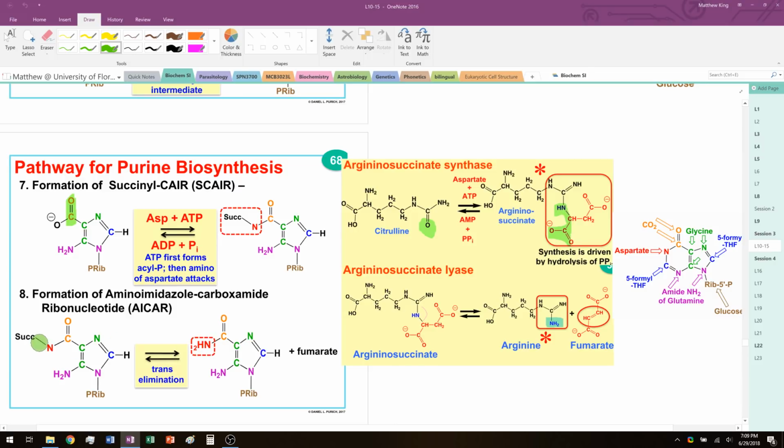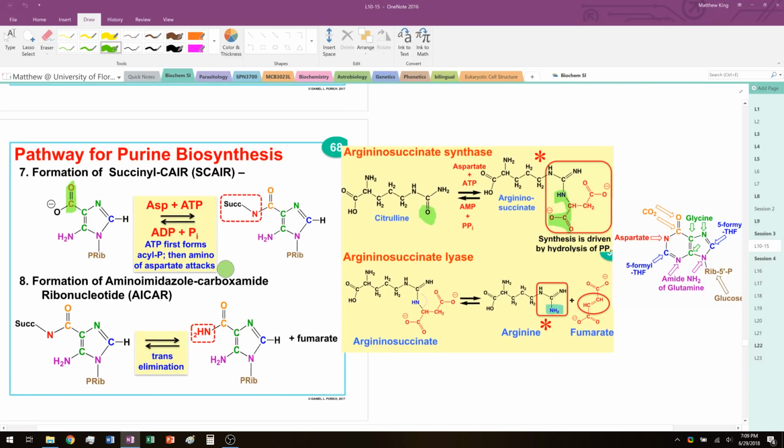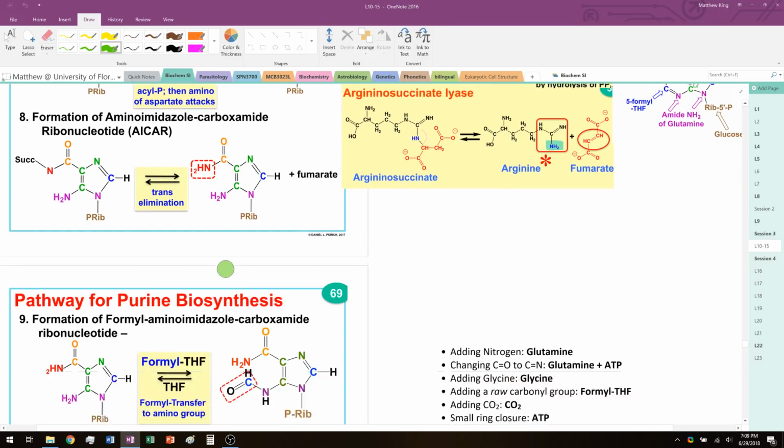And kicking off the succinate is due to a trans elimination, and adding on the succinate is due to adding aspartate and ATP. And then once again, recall the urea cycle if you really want to know how this works out, because he details it really nicely in the urea cycle. So now there's 10 total steps, if I remember correctly, so we are almost done.